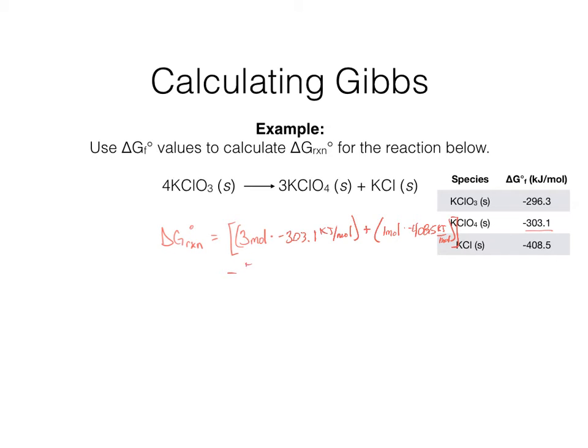And we would subtract that from our 4 moles times our negative 296.3 kilojoules per mole for our KClO3.